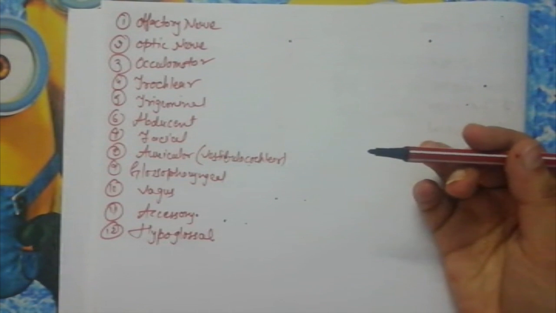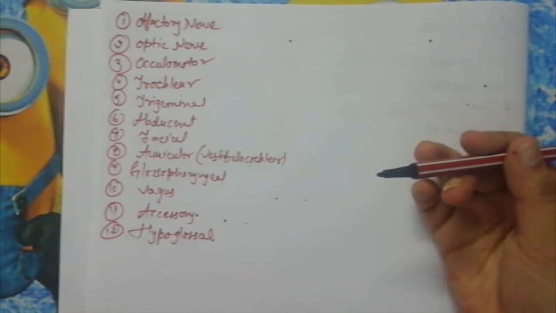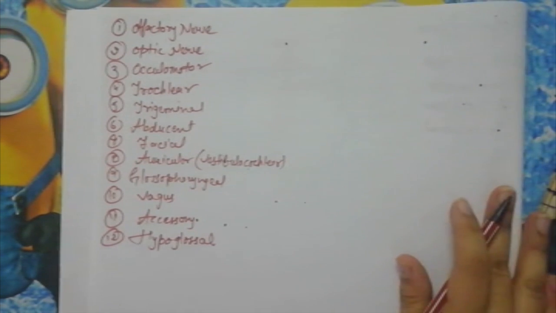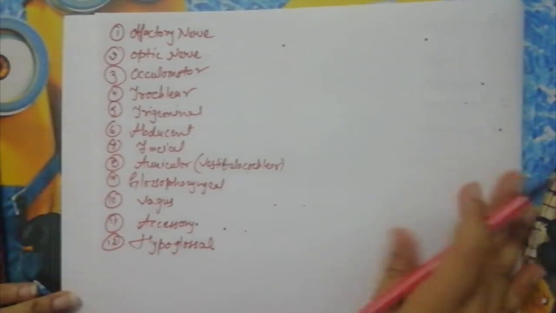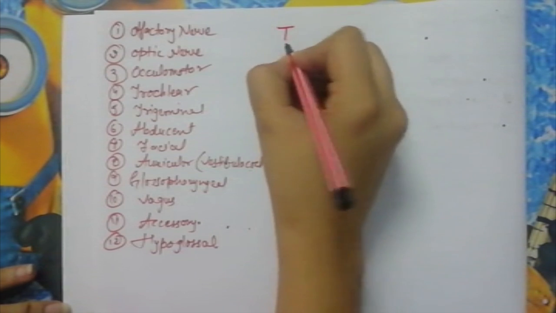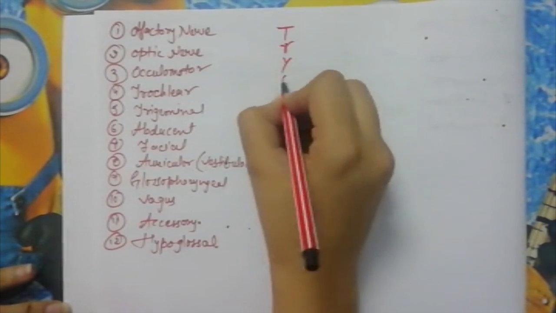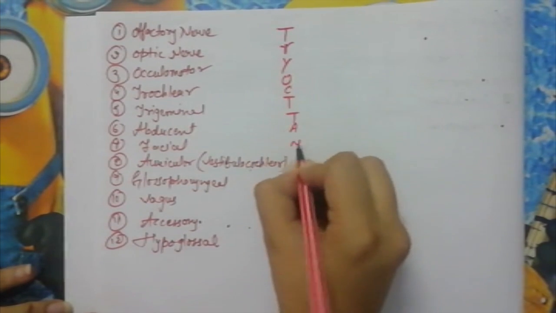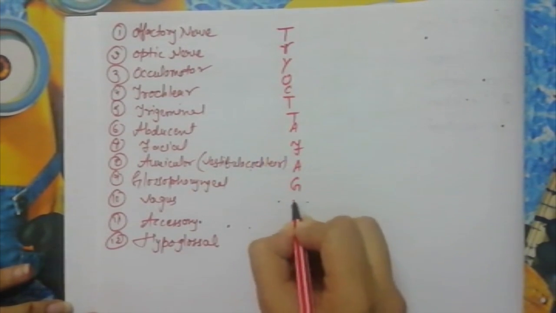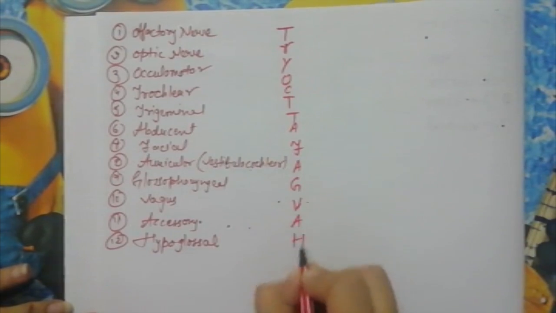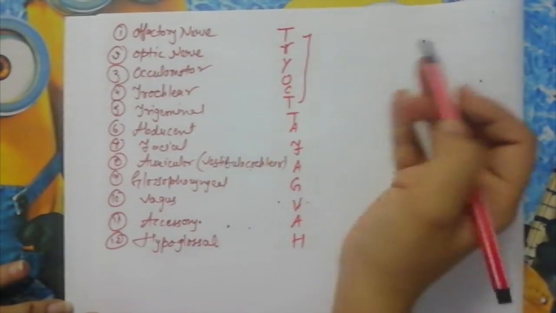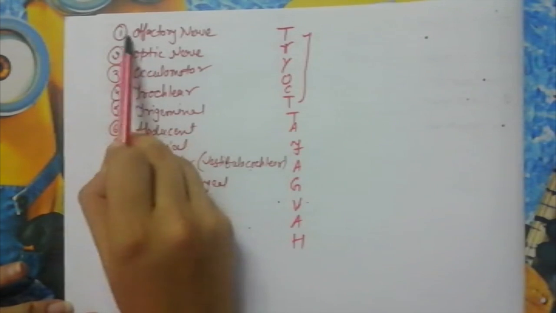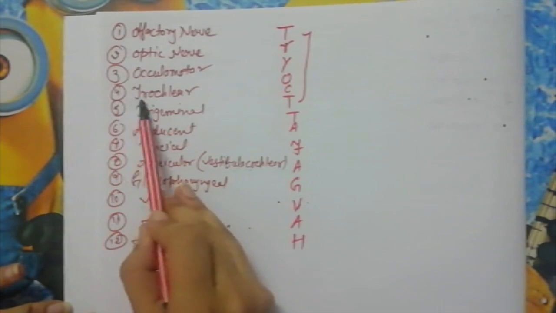To make it easy, I have made a mnemonic: tri-oct-ta-fag-va. Tri-oct means three times O, and the last T is for trochlear.